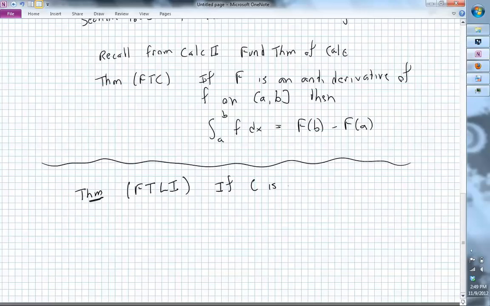If C is a nice curve from point A to point B, then the integral of the gradient of little f dot dr is equal to little f of b minus little f of a.